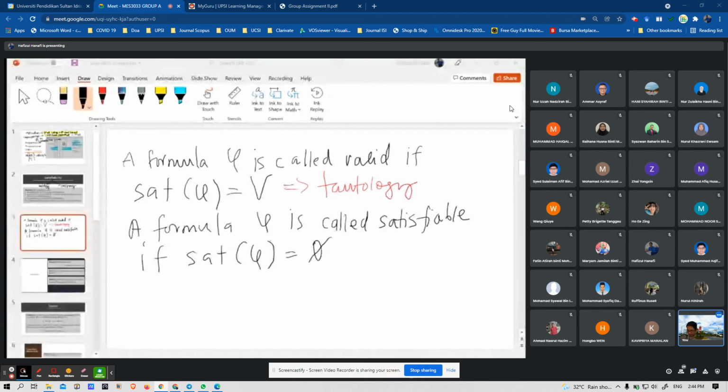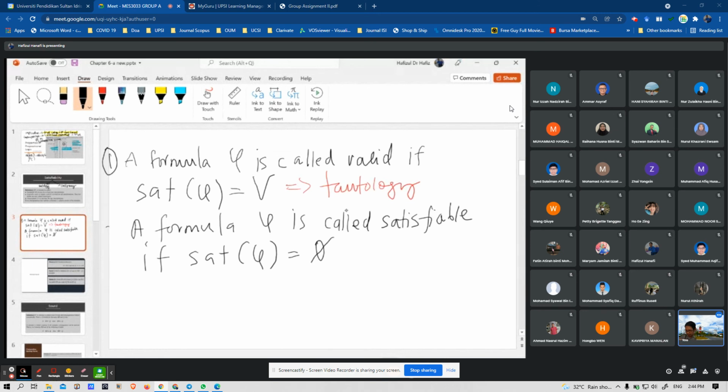And then another formula, we have one, we have two, three.